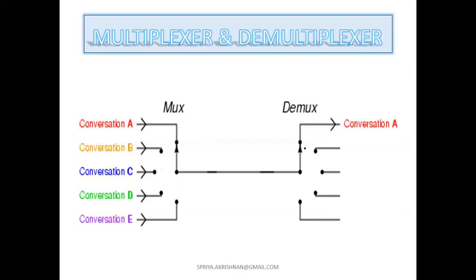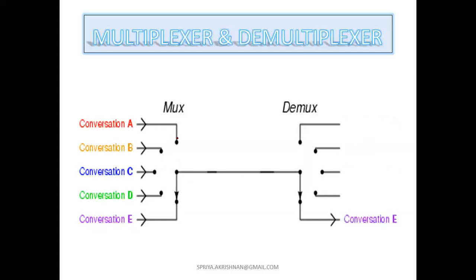That is my demux circuit. What is missing in the encoder and decoder is this select switch. In mux and demux, I will have a select switch. That is the difference.